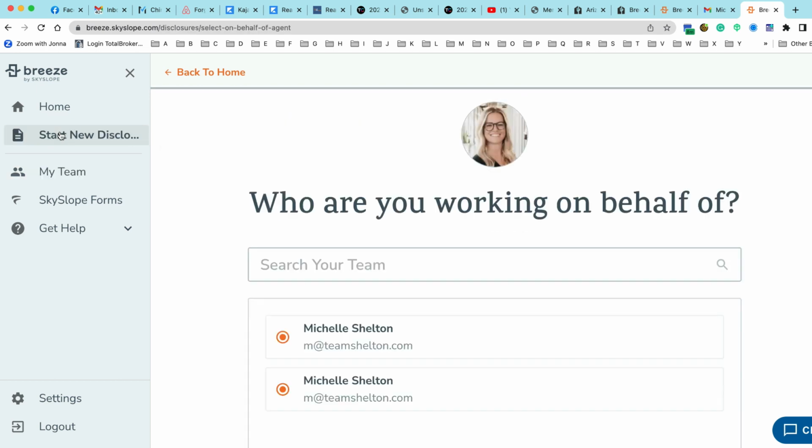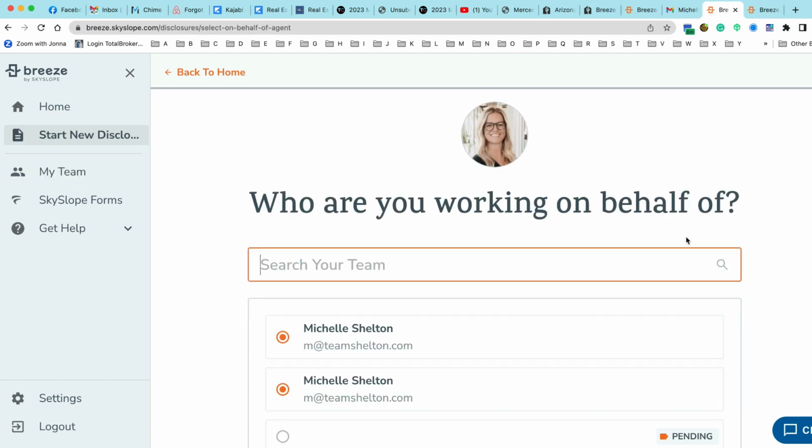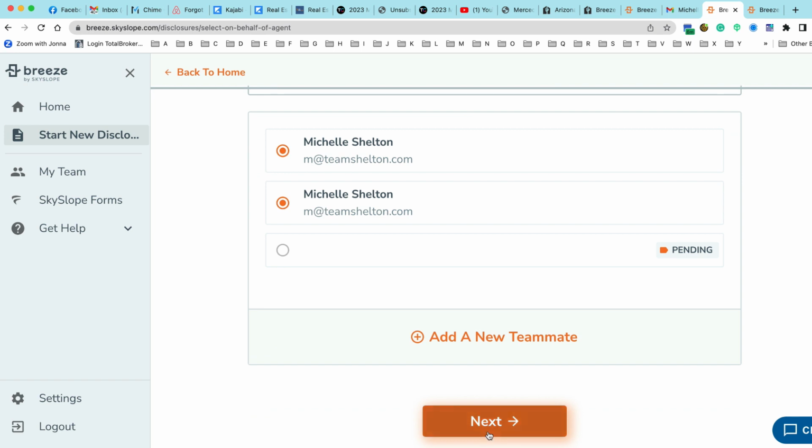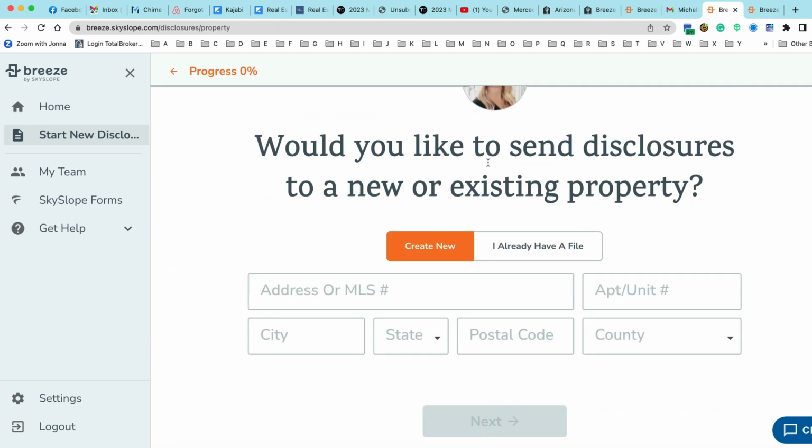But let's start new disclosures. Who are you working on behalf of? Me, I guess. Let's see if we can figure this out. Would you like to send disclosures to a new or existing property?